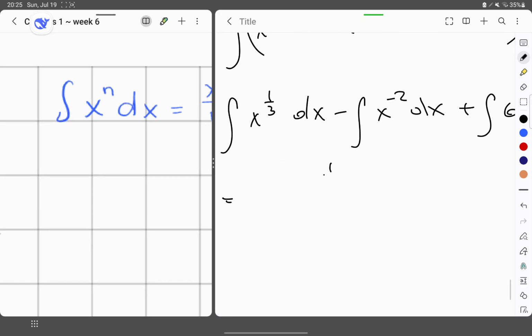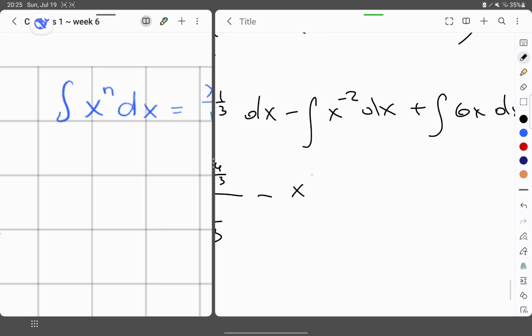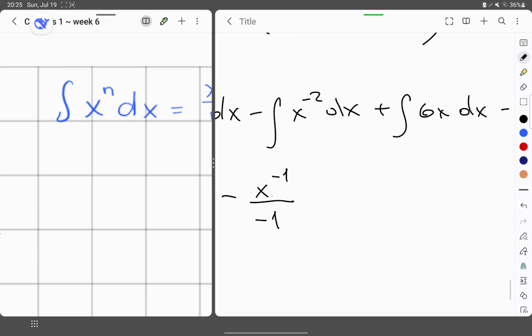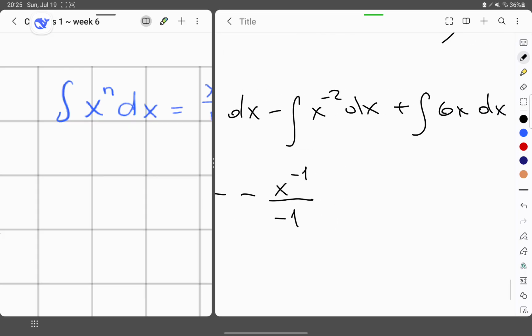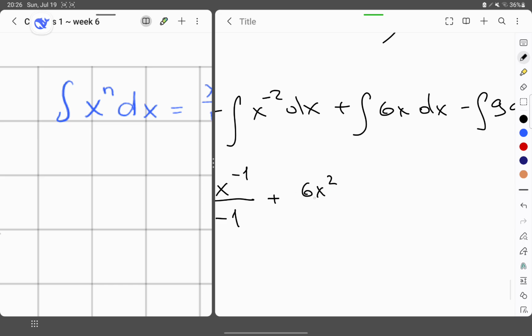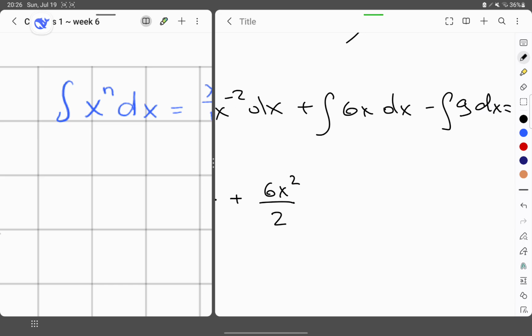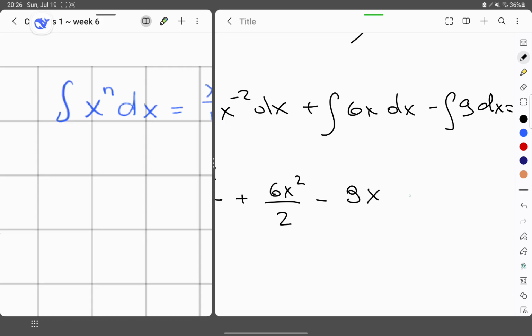It will be what? 1 over 3 plus 1 will be 4 over 3. Okay, let's write it simply: x to the power of 4 over 3 minus x to the power of negative 2 plus 1, which is negative 1, plus 6x squared over 2 minus 9x plus c.